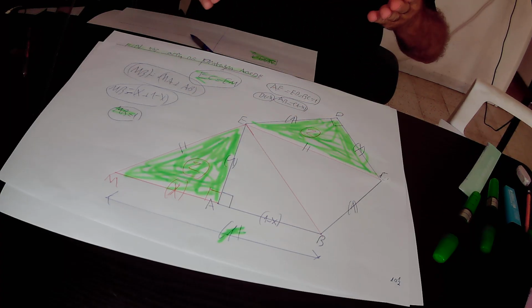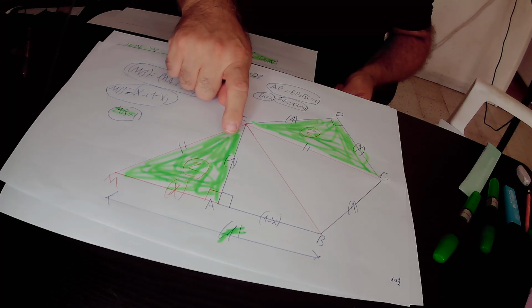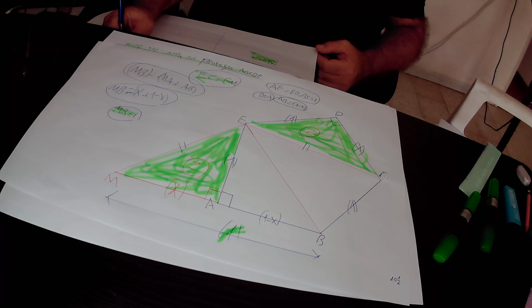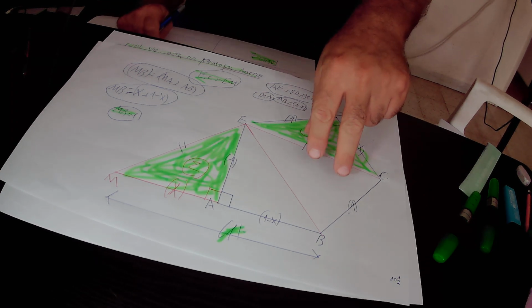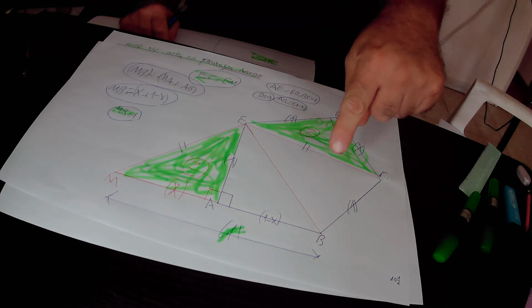Therefore, the area of the big quadrangle EMBC must be equal to the area of the first shape that it consists of, triangle EMB, plus the area of the second shape that it consists of, triangle EBC.